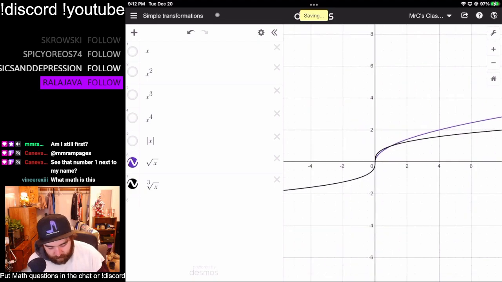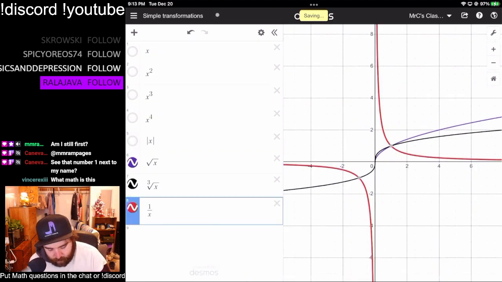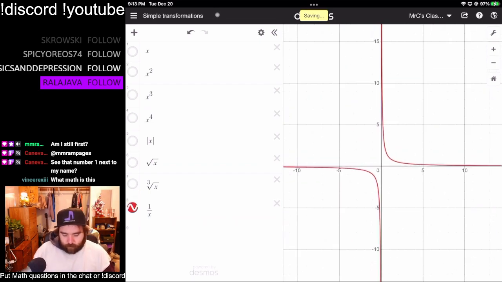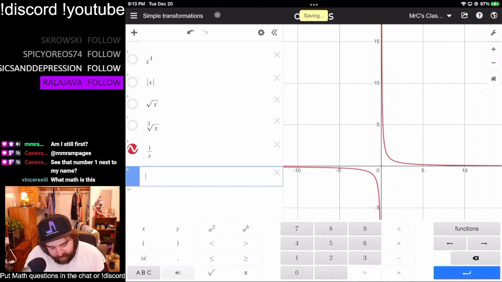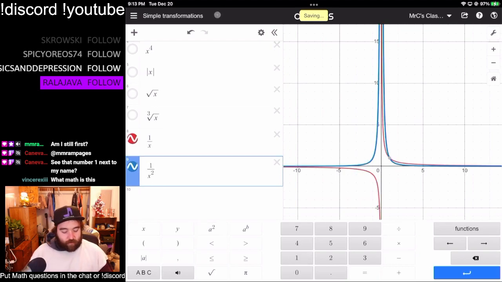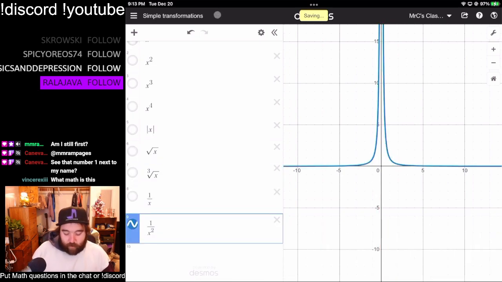And then what else? I think there was 10. Was there not? You had 1 over x. We did that one today. And let's see. I had them do 1 over x squared. I thought that was important enough to know for a parent function, and just to see the relationship between 1 over x and 1 over x squared.